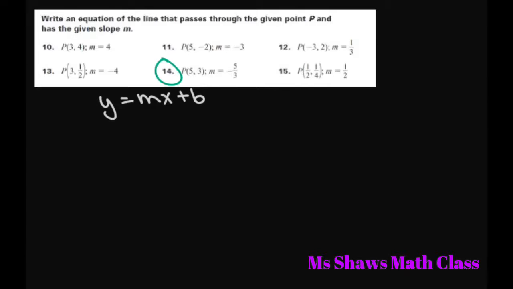So we're doing this one. Plug in your slope. That's your slope, and then plug in your point here. So your point is, your y is 3, and your x is 5.